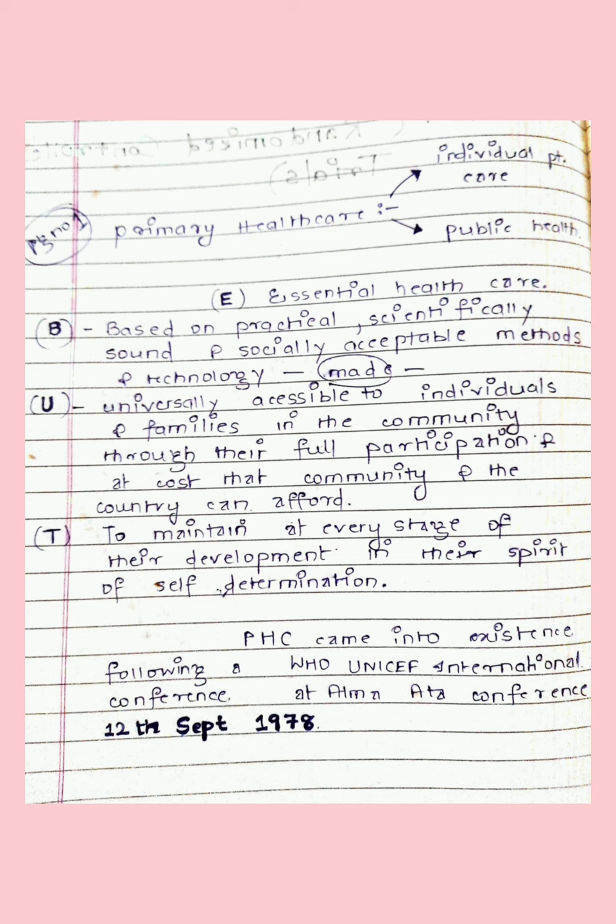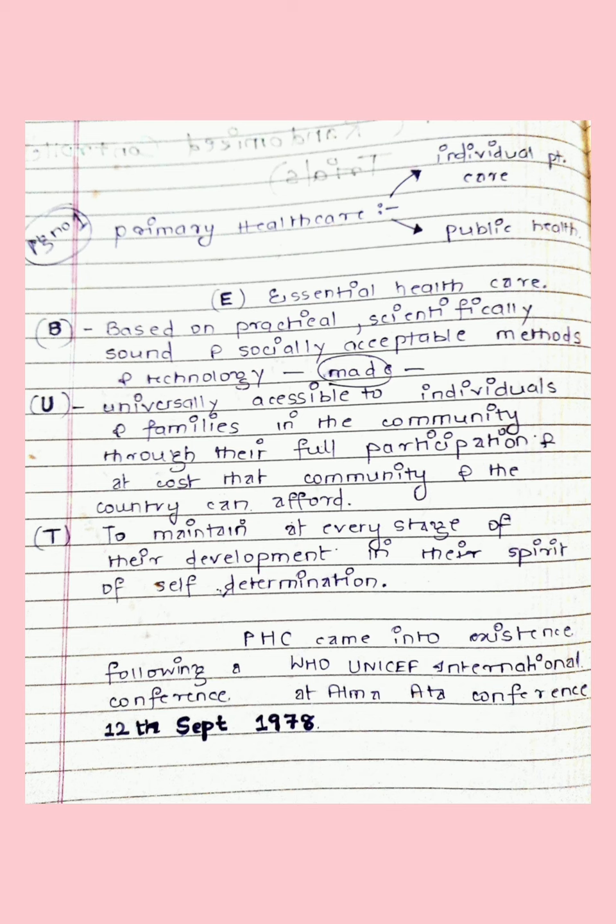It's very important in public health that you remember the dates and events. Primary health care came into existence on 12 September 1978, because you get MCQs on these dates and events. Starting off with the definition: it's very difficult to memorize each and every word, and the definition has to be perfect, impeccable, word by word.